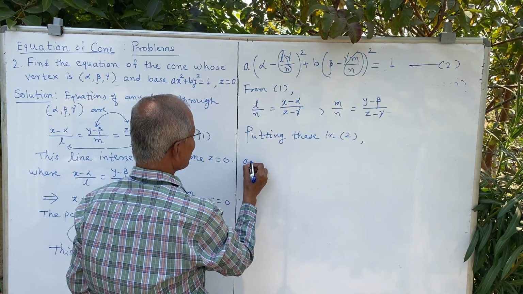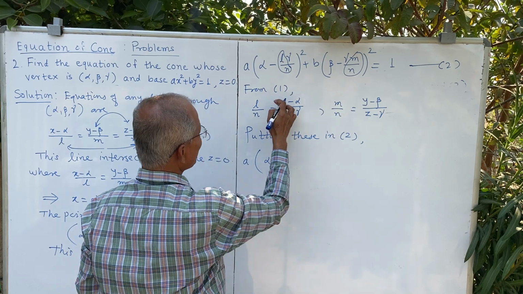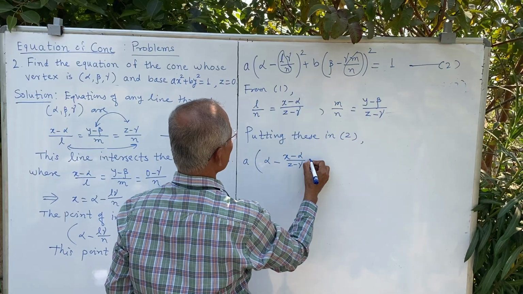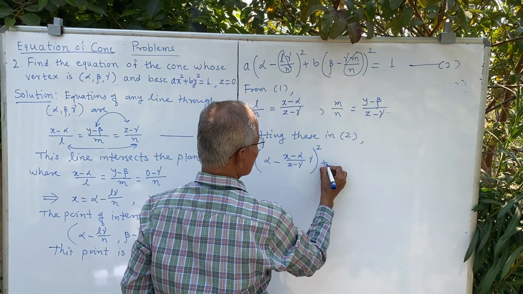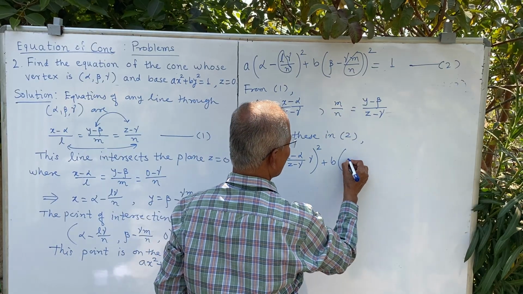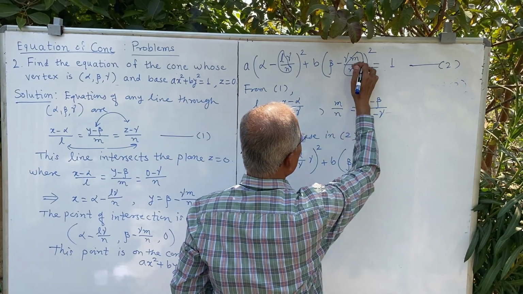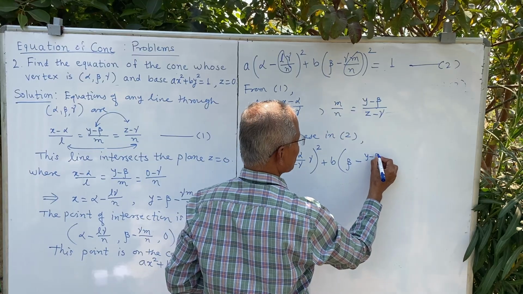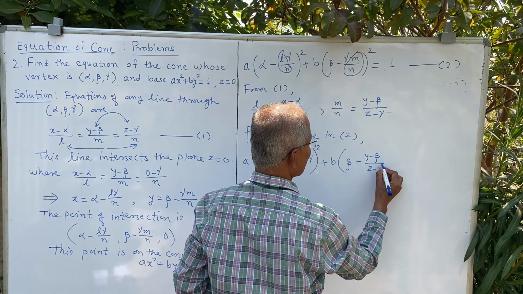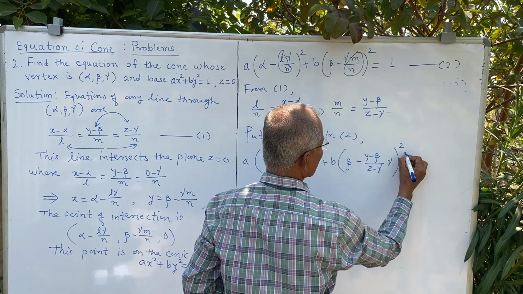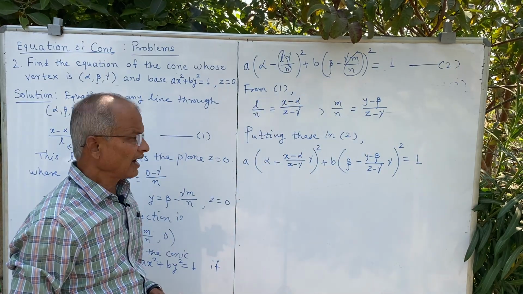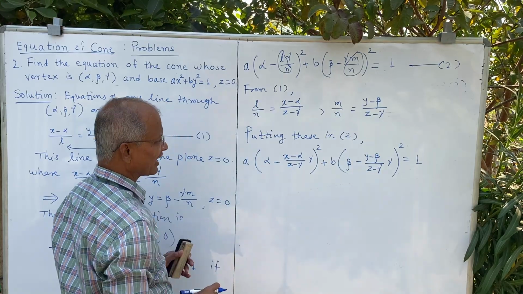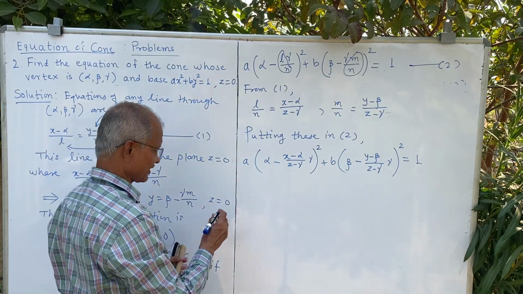So, that is a into bracket alpha minus L upon n, which is x minus alpha divided by z minus gamma, times gamma, whole square plus b into bracket beta minus m by n, we shall put this value first and then multiply it by gamma. So, y minus beta divided by z minus gamma times gamma whole square is equal to 1. And as in the earlier problem, we shall simplify this bracket and multiply by z minus gamma whole square.